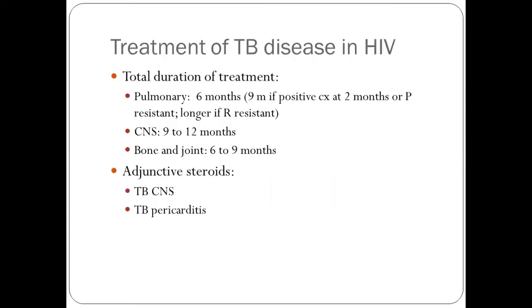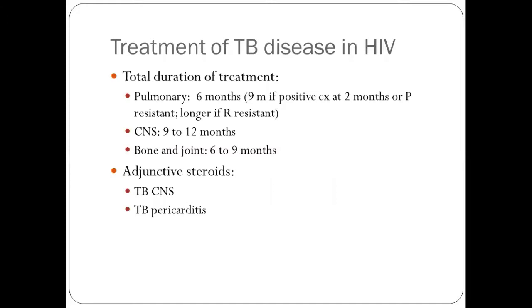Now, in terms of the duration of the treatment, for pulmonary TB, it's usually 6 months. We can think about doing a longer course, 9 months, if the cultures remain positive at 2 months, or if we're dealing with a strain that is PZA, pyrazinamide, resistant.